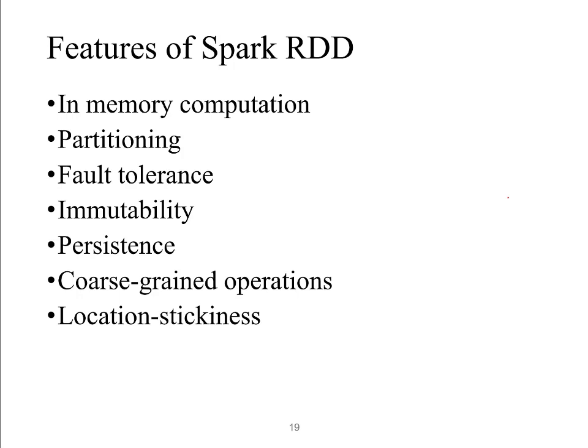Immutability means the data on an RDD is unable to be changed. So once it is created or generated, in this sense, the data is safe, even if we share it across different processes.